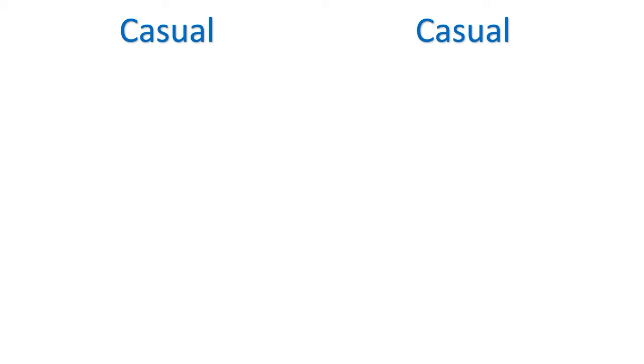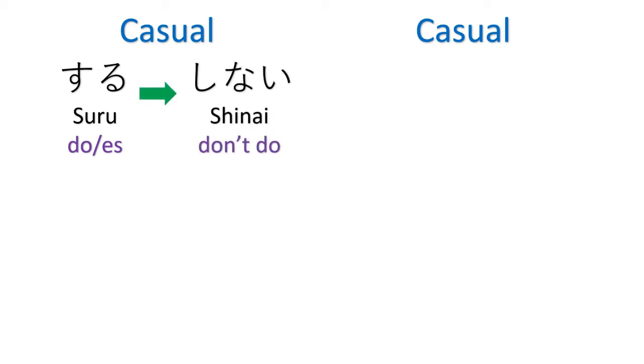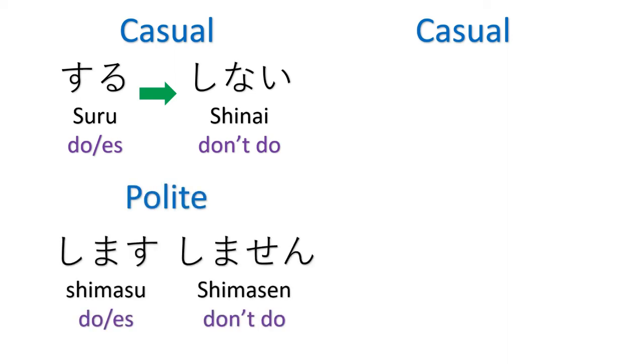Alright, for some other verbs, irregular verbs like suru. Suru becomes shinai. Don't do or doesn't do. These are irregular verbs because they have their own rules of conjugation. And if you remember, their polite forms are shimasu and shimasen.